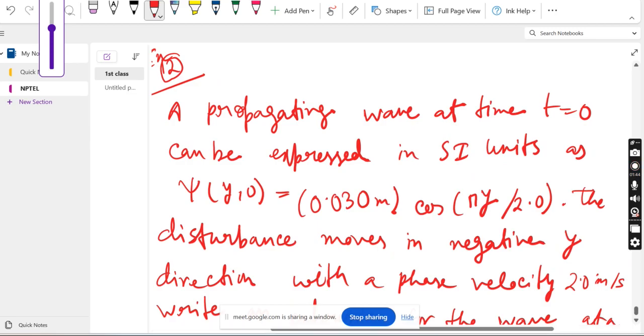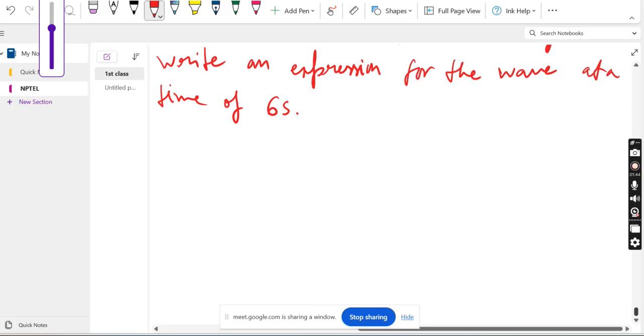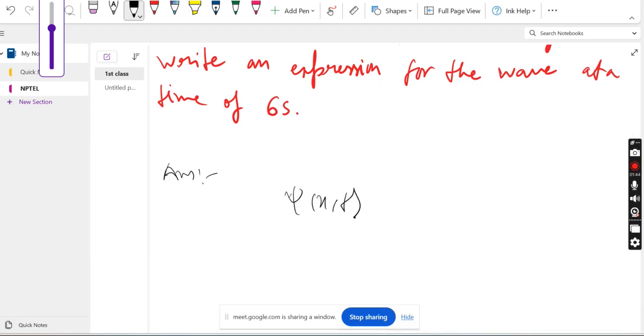It is for t is equal to 0 and we need to write the wave equation at t equal to 6 seconds. So we know that when psi is given, it is in meter. When k is given, it will be per meter. When A is given, it will be in meter.